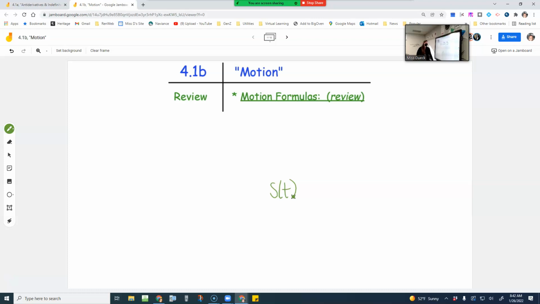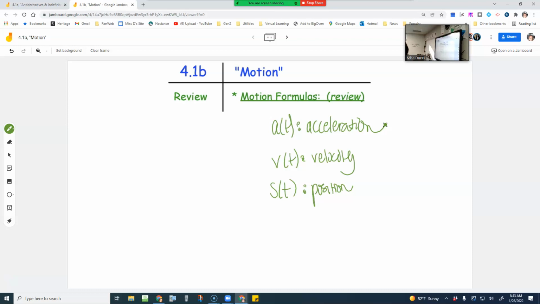Then we have velocity. Interesting. Why is she writing everything backwards? Same 3 words, but why did I write them in a different order?